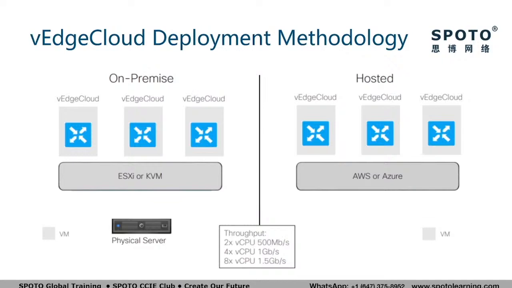In summary, Cisco vEdge Cloud Router is a virtualized version of the vEdge router, inheriting all the capabilities offered on Viptela's physical branch routers. vEdge Cloud can be installed as a virtual machine on a KVM hypervisor or as a VM on a VMware ESXi hypervisor, as well as in public cloud environments such as Amazon AWS or Google Cloud Platform. vEdge Cloud can be used as a virtual network function, VNF, for a virtual CPE deployment at the branch.